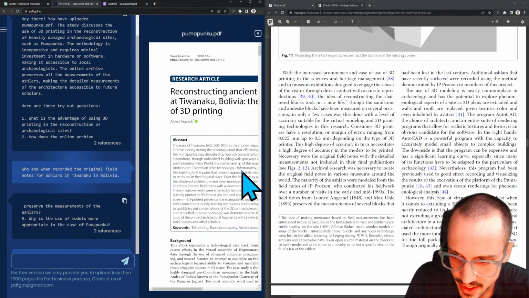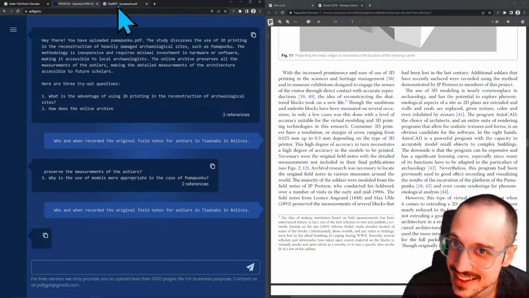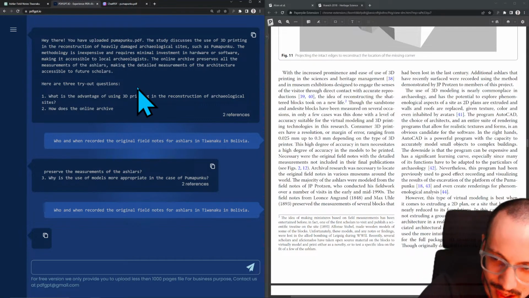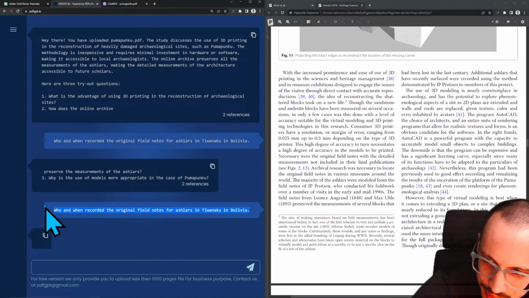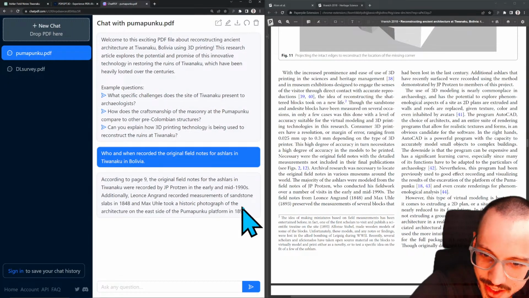Okay, so it looks like this thing just died, which is no good because it had a very good little UI. I liked the UI for this one, but the fact that we just caused it to error out is no good. So far, ChatPDF kind of giving us the right thing.